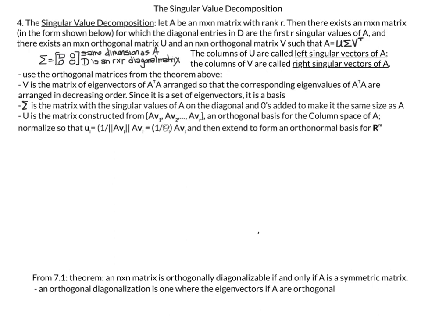Now we can look at our singular value decomposition. So let A be an m by n matrix with rank R, so it doesn't need to be square. Then there exists an m by n matrix in the form shown below.